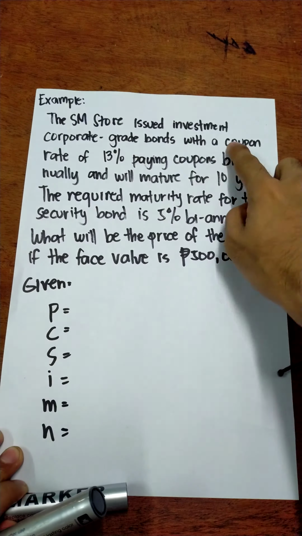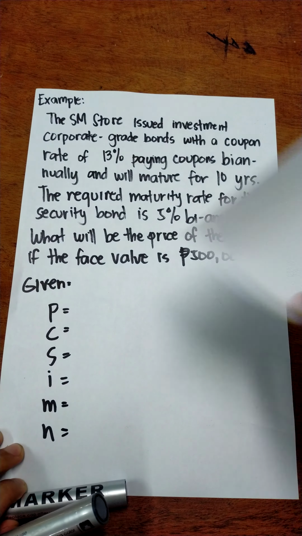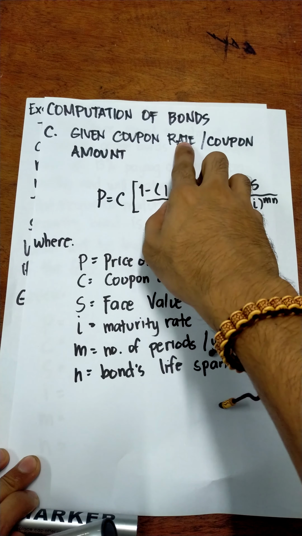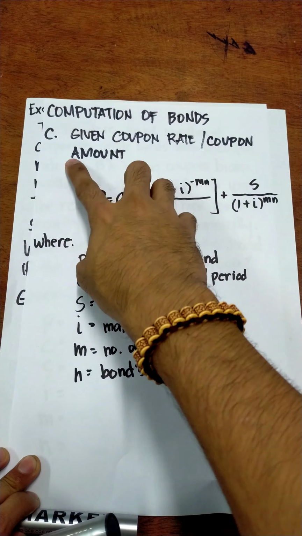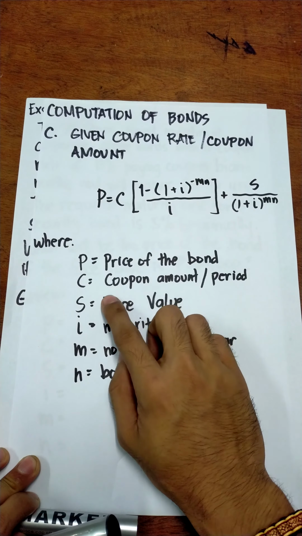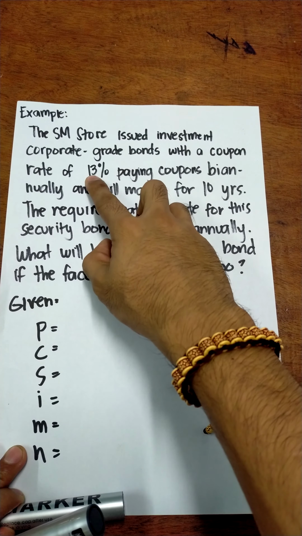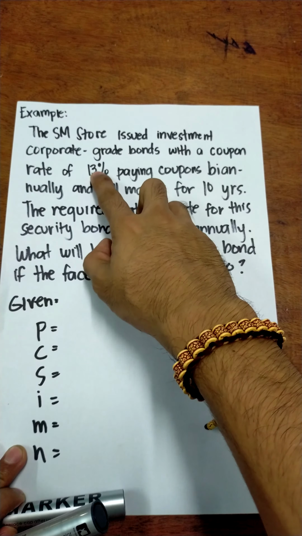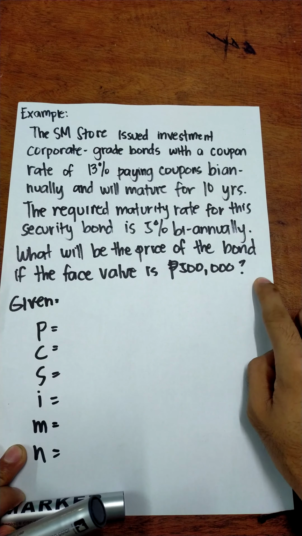Itong 13% ay ating coupon rate. But in this part, kapag coupon rate ang binigay natin, kailangan natin siyang i-transform into coupon amount. So ibig sabihin, we need to find the 13% of our face value, which is 500,000.